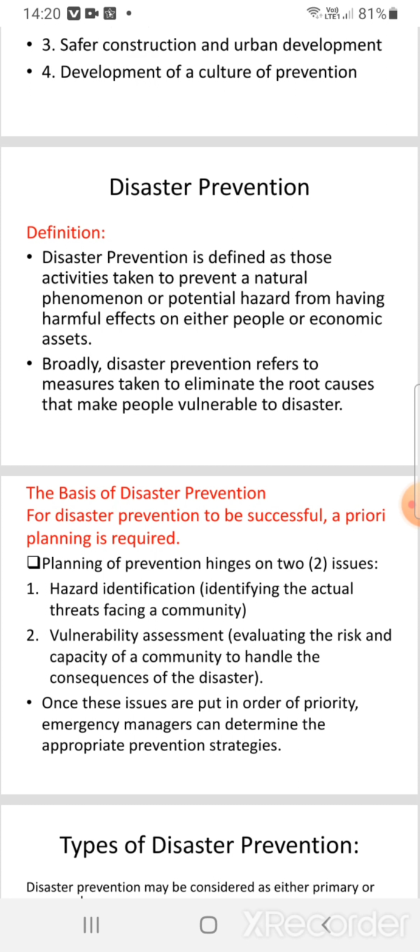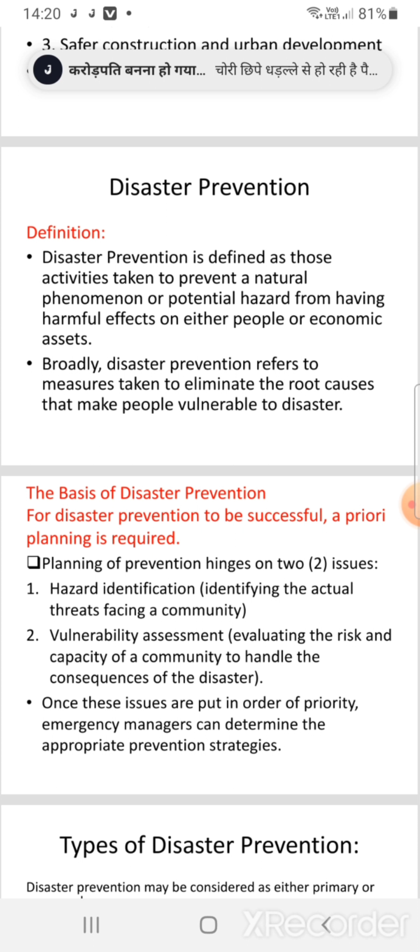The event may or may not occur, but the disaster is prevented by the activities taken. The natural phenomenon or potential hazard will be there, but the harmful effects on people or economic assets are prevented.